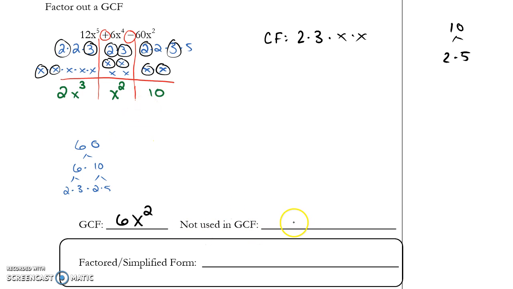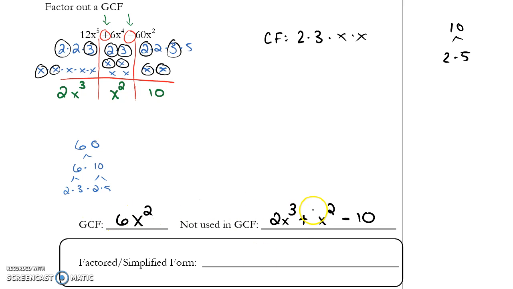That's what I'm not using. But when I write it down, I also need to separate them with my addition or subtraction signs. So I'm going to write this down as 2x to the third plus, since there's an addition sign there, x squared minus, since that was separated by subtraction, 10.